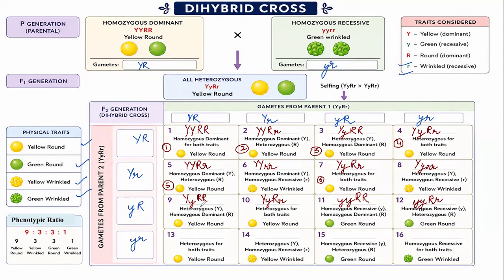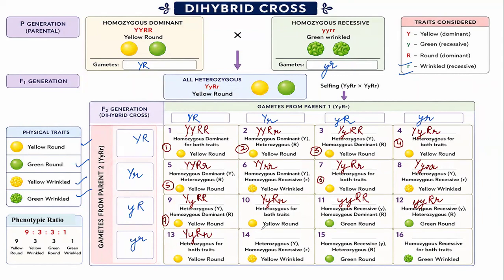Next, so how many yellow round till now? 1, 2, 3, 4, 5, 6, 7. 7 plants will show the yellow and round phenotype, that is physical trait. One more yellow and round you will see here. Again, see capital Y, small y, capital R, small r.